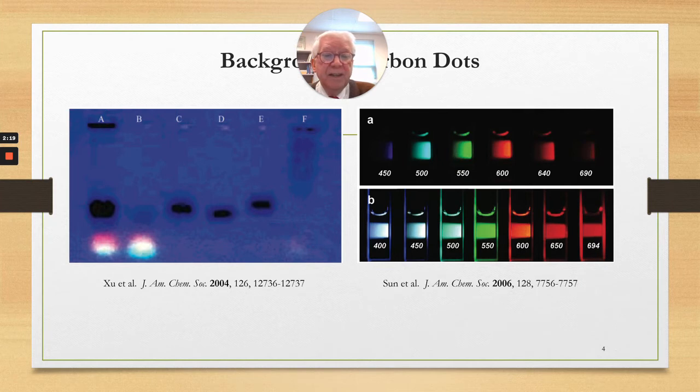We can see the same behavior at 400, 450, 500, etc., in the luminescence. So this work was by Sun and co-workers at Clemson University. That was the beginning of the real description of the carbon dots.